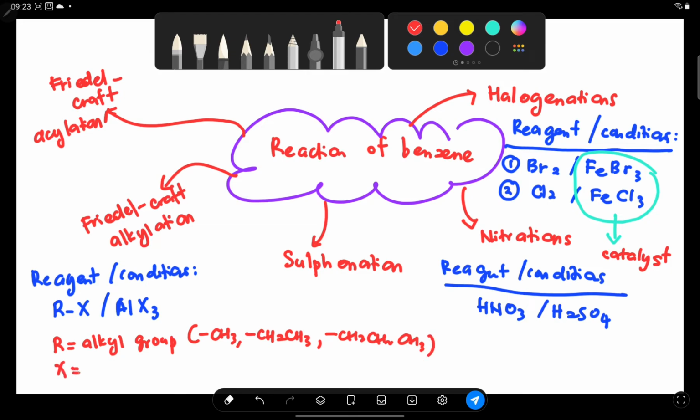And X represents a halogen, either Br or Cl.